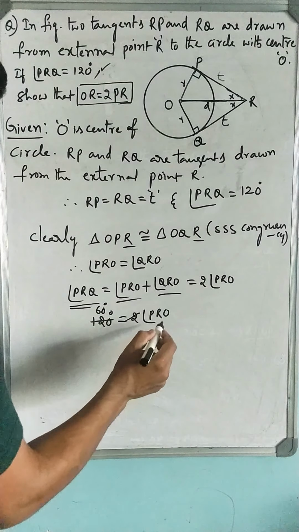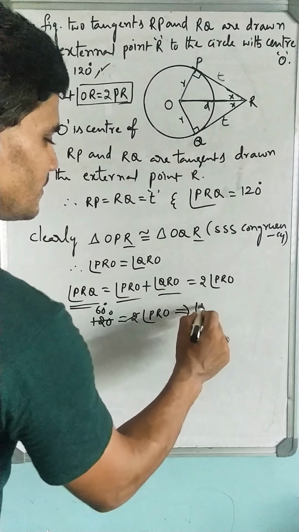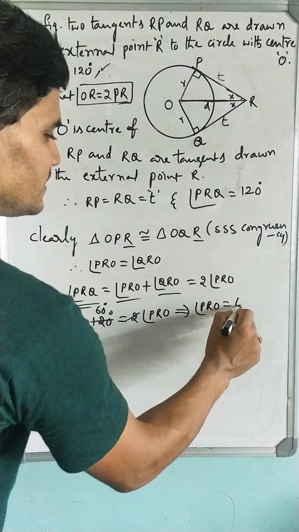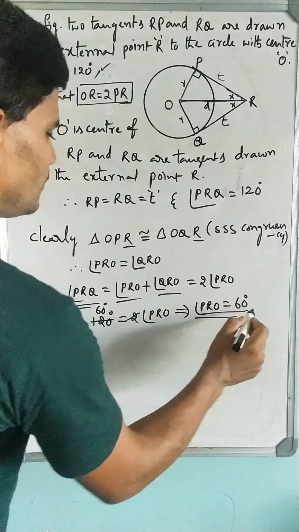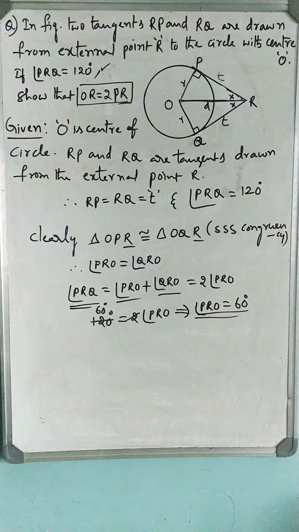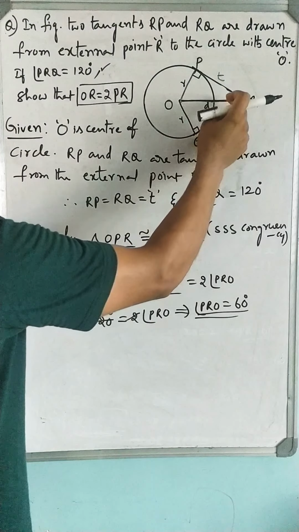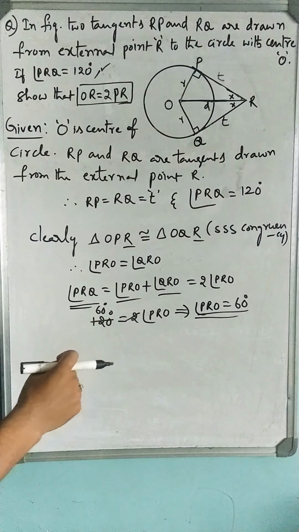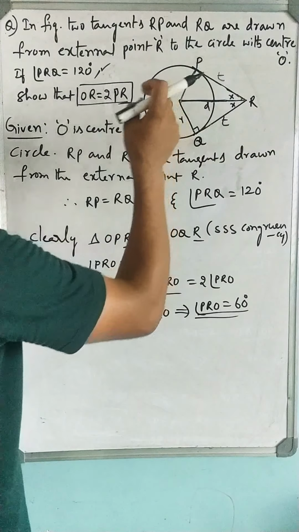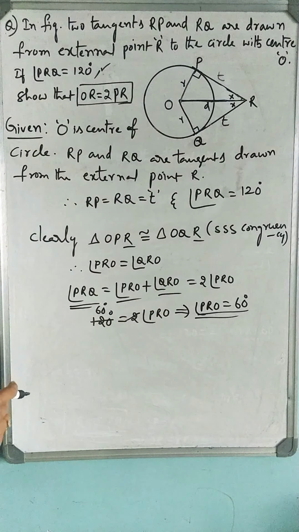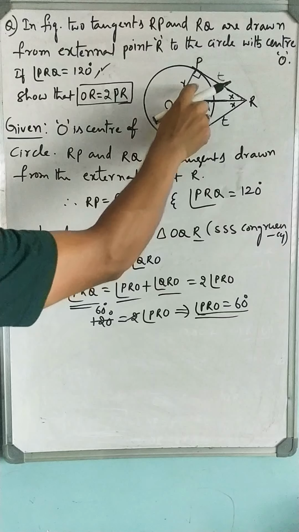So, angle PRO is 60 degrees. See, you need not do this calculation. Simply, as these two angles are equal, you can take it, the angle PRO is automatically 60 degrees. Now, it is a right triangle.